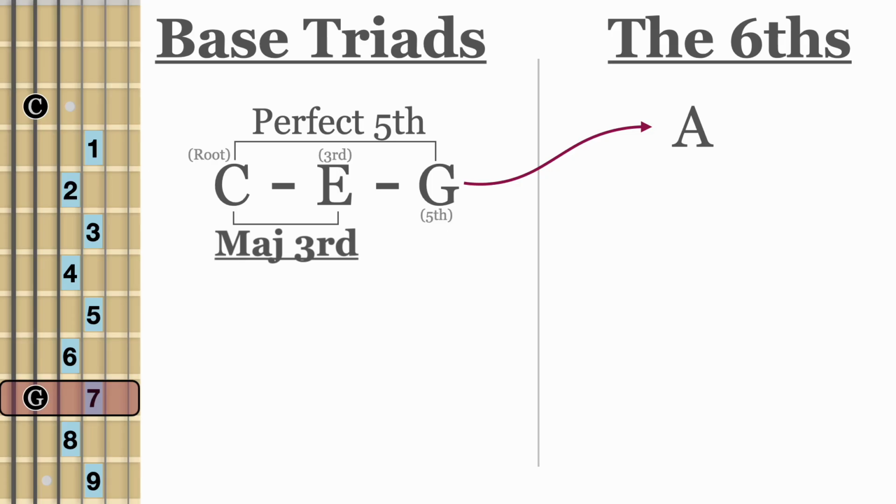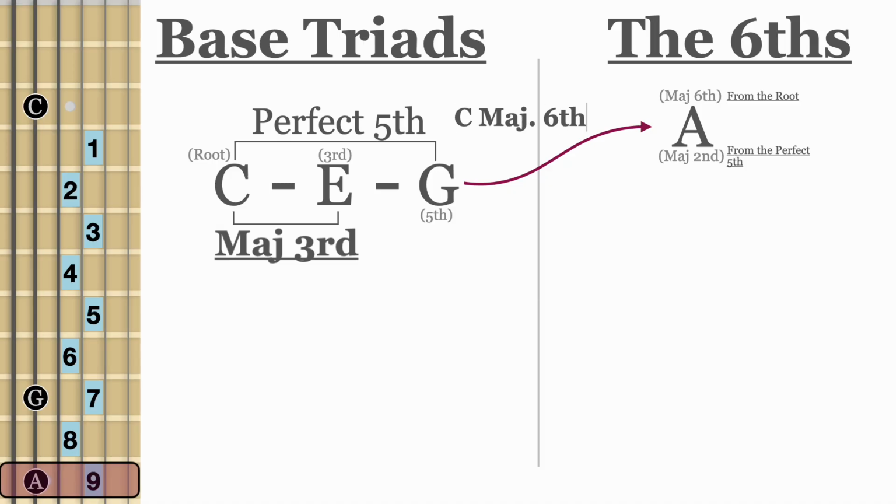And when we go to A, that's going to be just 2 frets up or 2 semitones. So we know from G to A is going to be a major second, right? Anytime we move up 2 frets or 2 semitones, that's a major second. But when we look at the root, from C to A, that's going to be 9 frets, which is a major sixth. So what we have is a major triad with a major sixth, and that's going to give us our C major sixth.